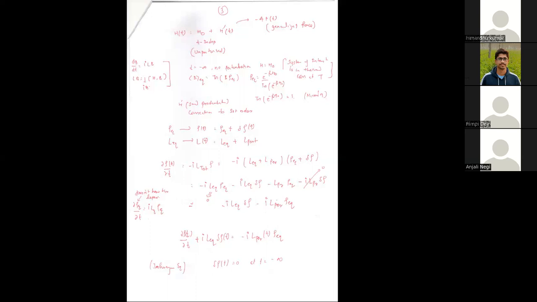So this holds when the perturbation produces Gaussian fluctuation. That deviation from Gaussian causes these higher order terms.